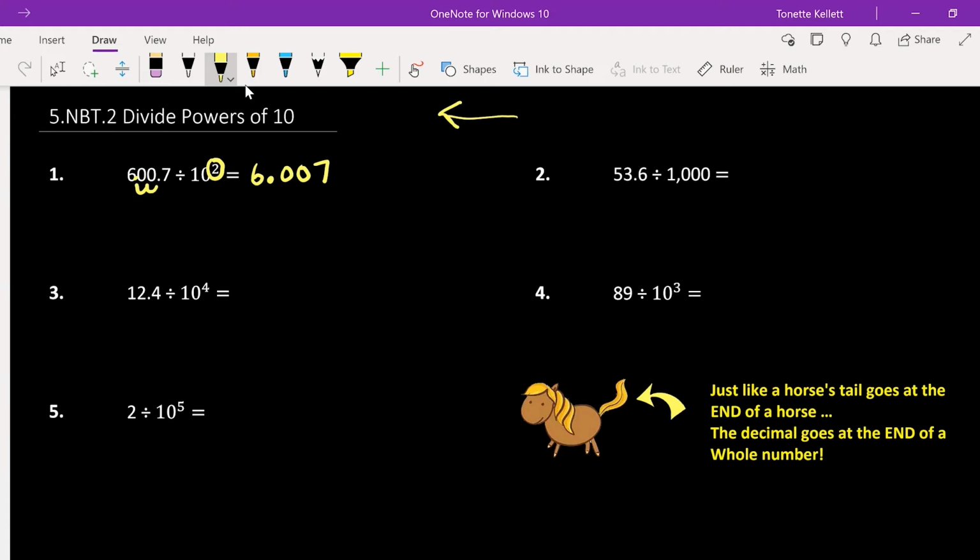The next one does not have a decimal. Instead, it has 3 zeros, which we know would be 10 to the third, or 10 cubed. So this 3 zeros tells us we're going to shift this decimal 3 spaces, 1, 2, and a third space, and we know we put a 0 in that third space.